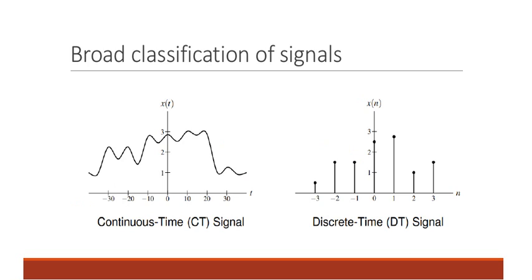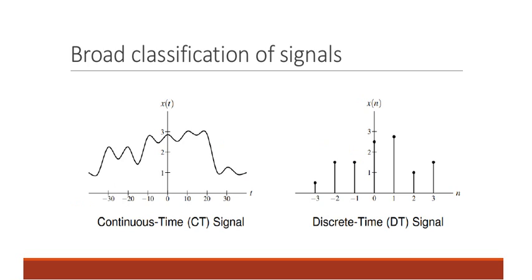The first waveform is a CT signal, the other is a DT signal. Putting these side by side helps us to compare and quickly understand what a CT signal is, how I would define a CT signal, what a DT signal is, and how it is different from a CT signal.